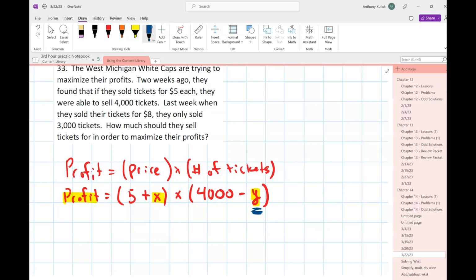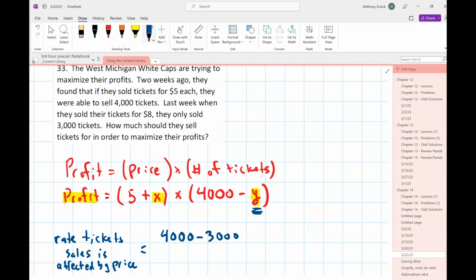What I'm going to look at is the rate that ticket sales is affected by price. So I saw that we sold 1,000 less tickets when the price increased $3, right?